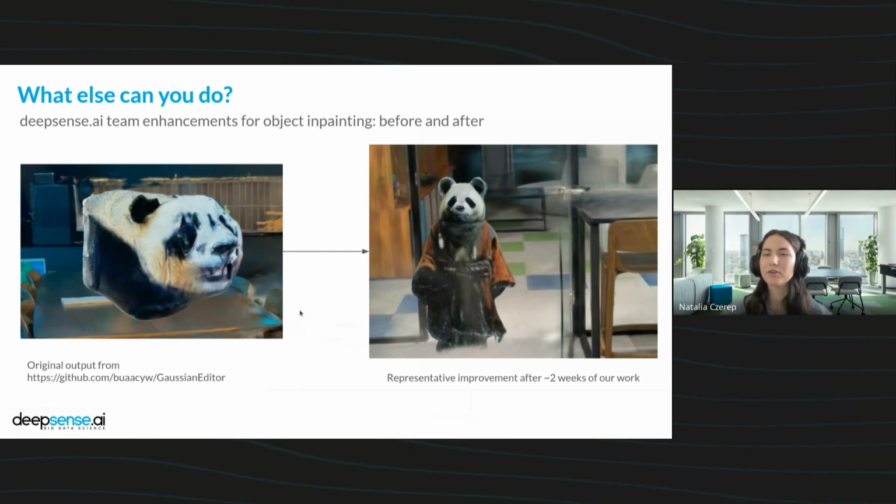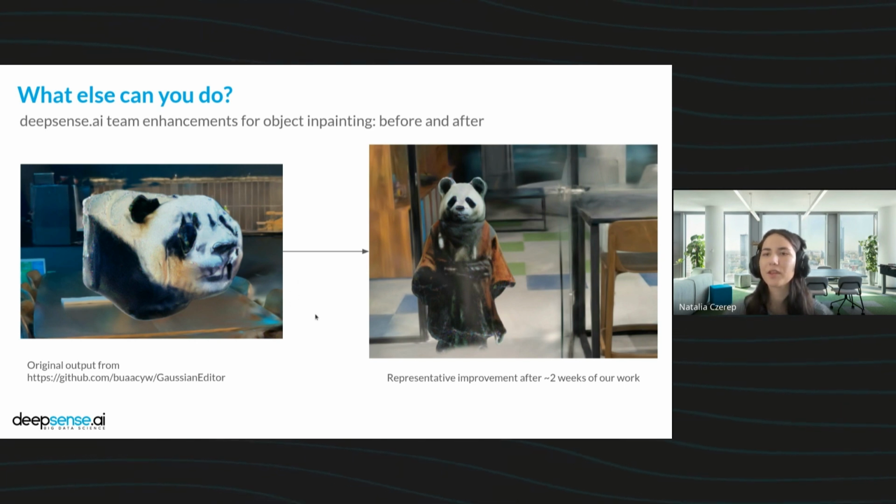As I mentioned before, the interest in Gaussian splatting technology is growing now. So the tools are not always perfect. The repositories grow in months.